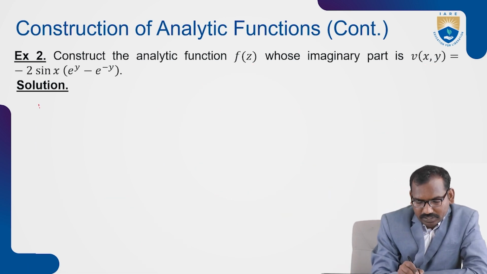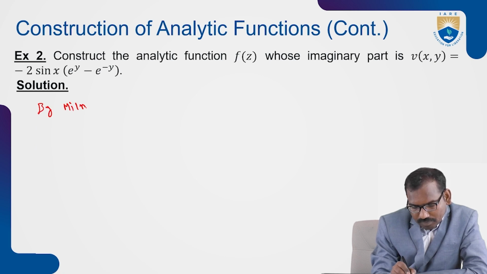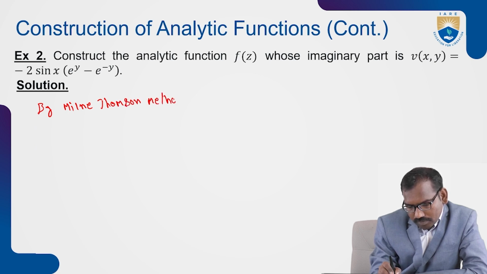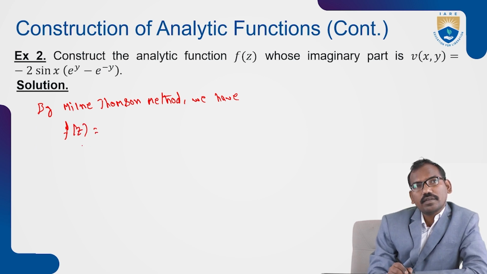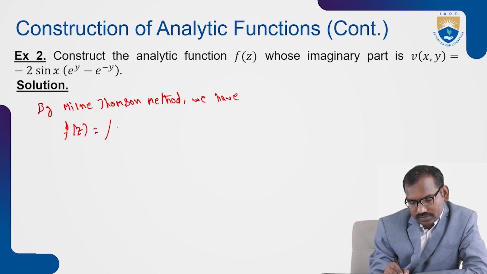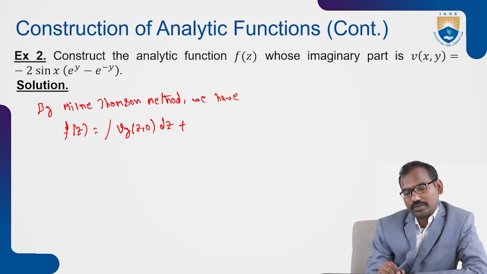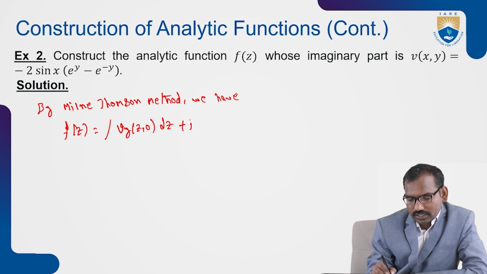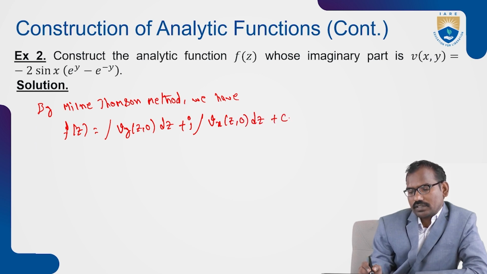Next, by Milne-Thomson method, we know that f of z can be written in terms of v as integral v_y(z,0) dz, this time plus, because when we take the imaginary part we will have the plus symbol, and it is imaginary part, integral v_x(z,0) dz plus an arbitrary constant.